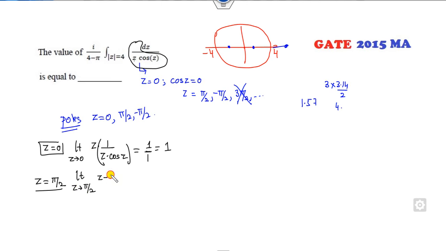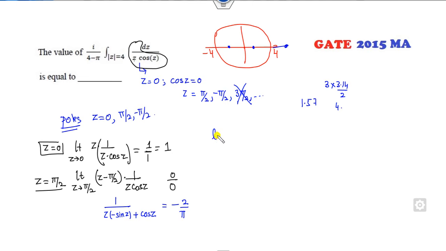So Z minus pi over 2 into 1 over Z into cos Z, which is 0 by 0 form. So I can apply L'Hopital's rule. It's 1 over Z, minus sin Z, plus cos Z. So what is the value when Z is pi by 2? Cos pi by 2 will be 0, sin pi by 2 will be 1. So its value is minus 2 over pi.